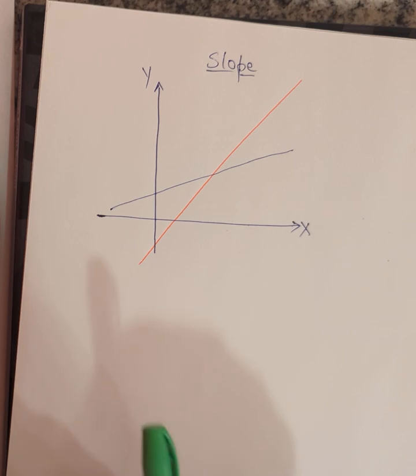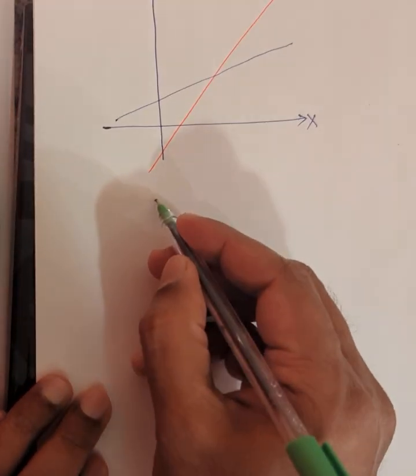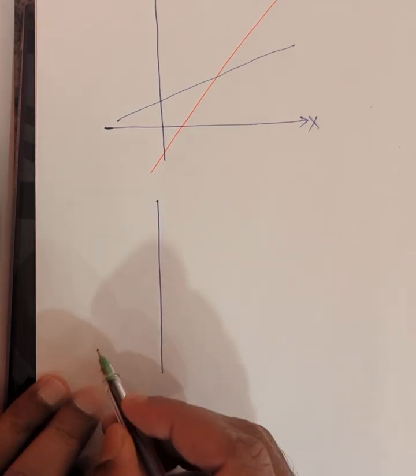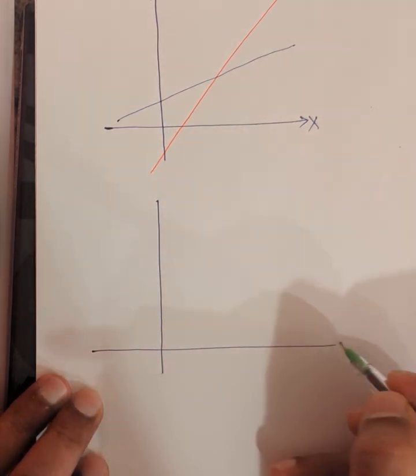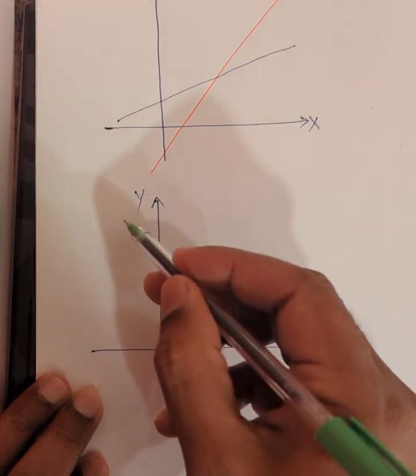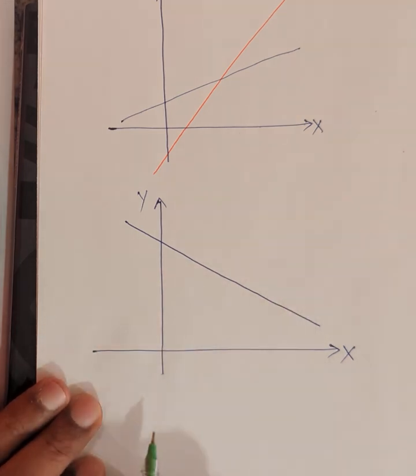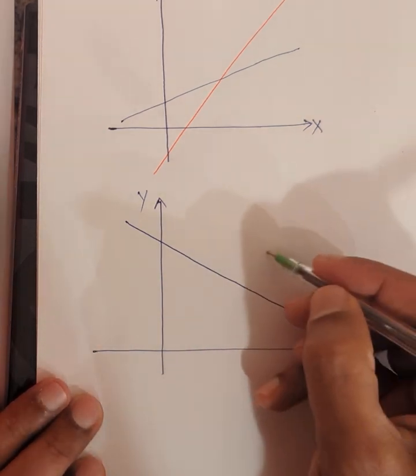Now, slope could also be negative. So if I'm going to draw a line, again in the xy plane, which falls as we move from left to right, this is going to have negative slope.